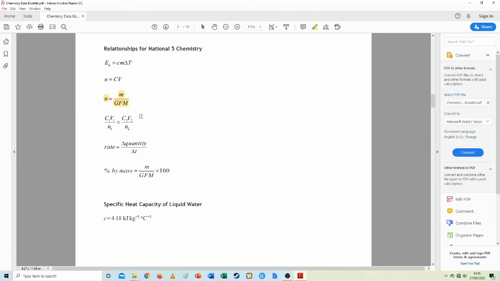Now, what I'm going to show you is how to convert this into a triangle if you don't like rearranging equations, but all the equations that we use are given to you, so you don't actually need to remember them for the exam. You can just look them up in the exam, but you do very much need to know how to use them, and that's a really key point. So I'm going to show you this one and how we use that to really answer our question about how many grams of oxygen we need.